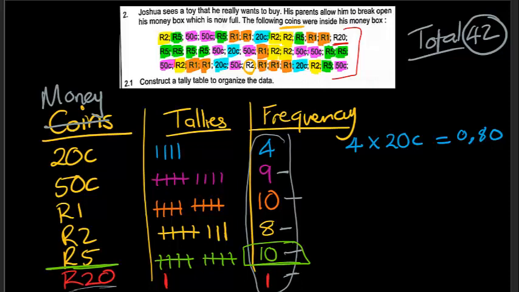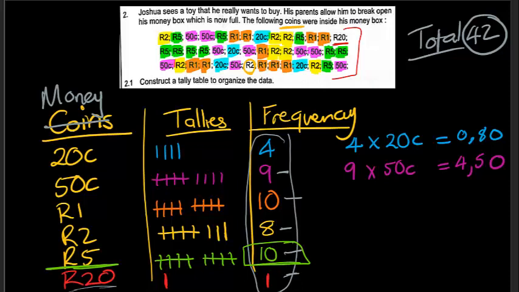How many 50 cents coins? We've got 9. So 9 times 50 cents is going to be 9 times 0 is 0, 9 times 5 is 45. So I'm going to write my 45 there. And because it's money, my comma is 2 decimal places. So the amount of 50 cents is 4 rand 50.